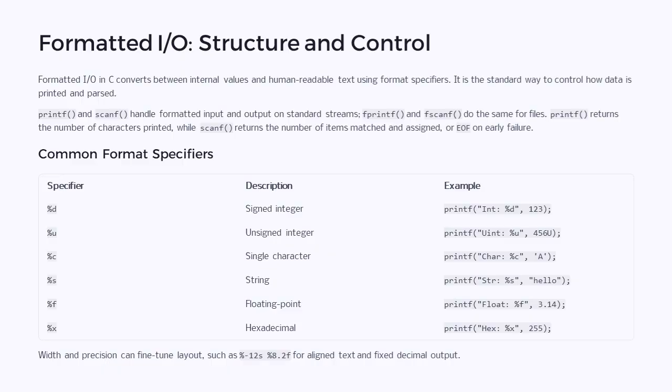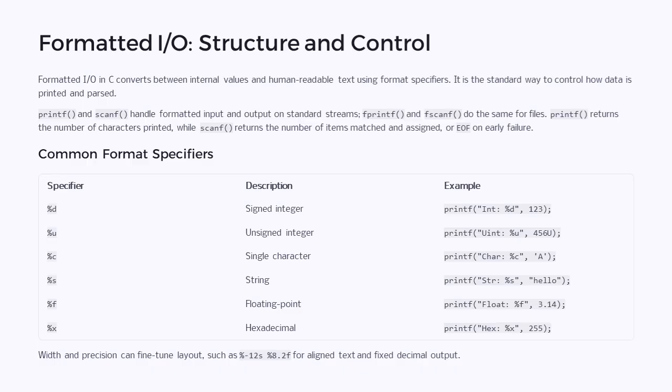So the common format specifiers are %d, which is used for signed integer. Example, printf int %d within the quotes. Next one, %u, used for unsigned integer. Same, printf uint %u. %c, single character. printf char %c. %s used for strings.